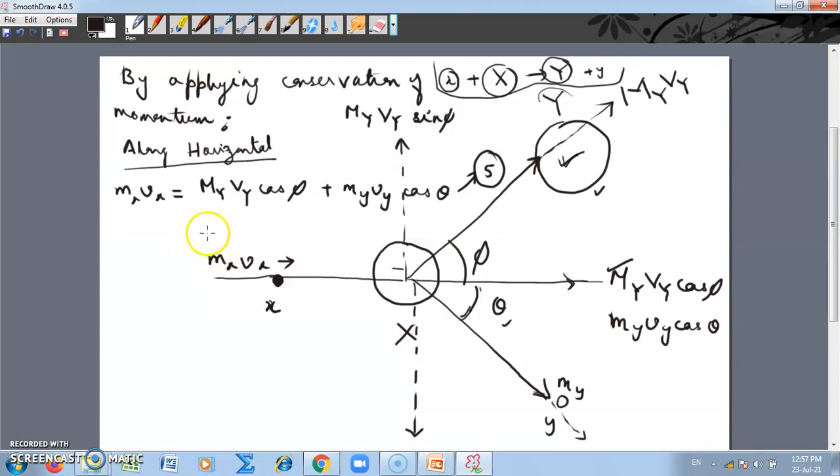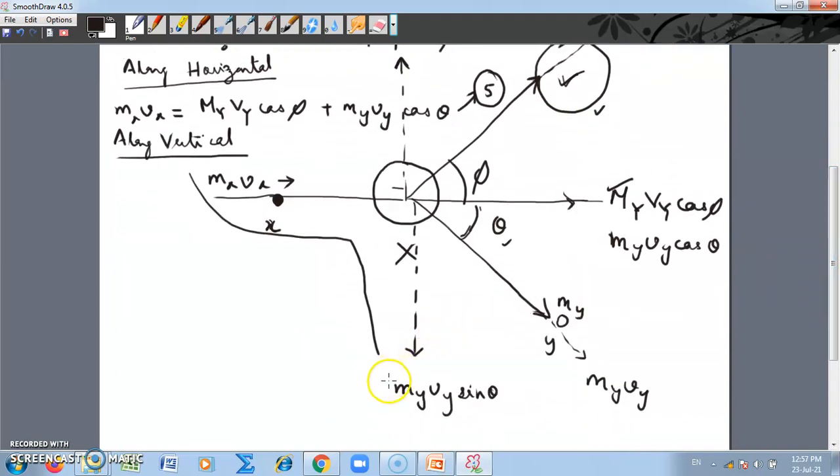Then along the vertical direction, you see we have this one and this one, so they are opposite in direction.